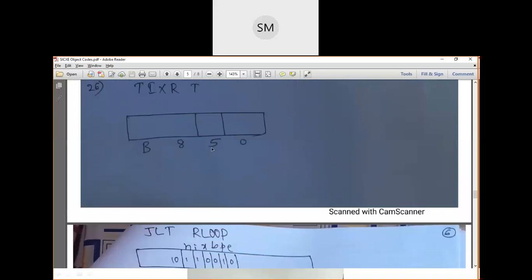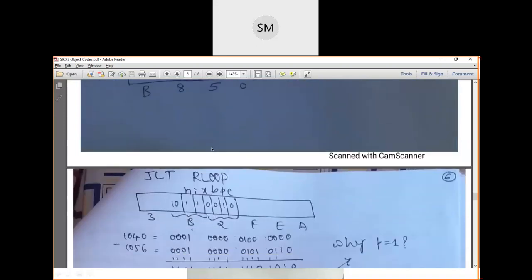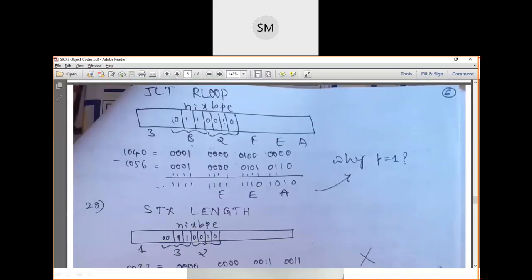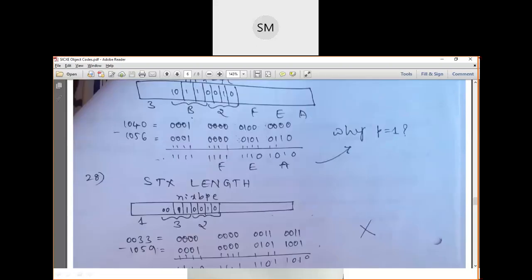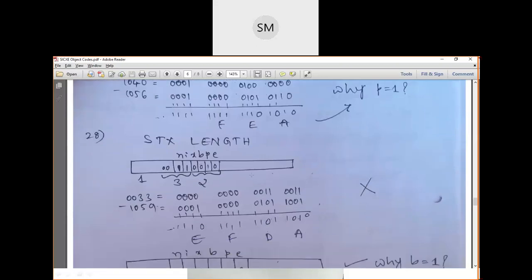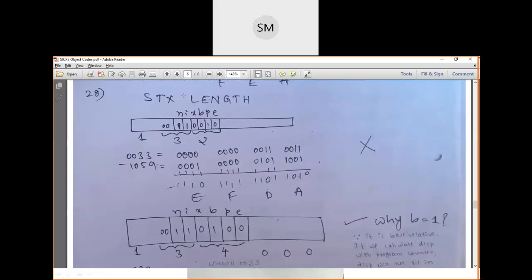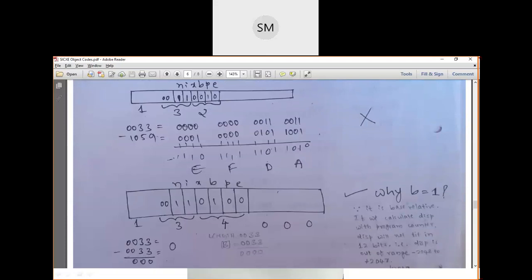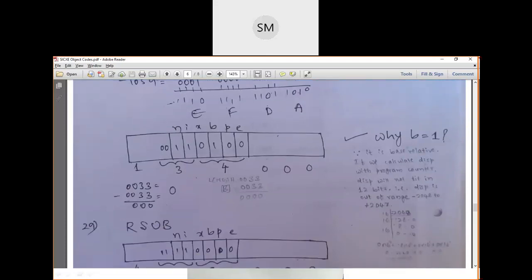TIXR T, format number 2, and here JLT loop. So here also B is 0, P is 1. No problem here. Next, STX length. Here also you should use base relative addressing mode instead of program counter relative addressing mode.